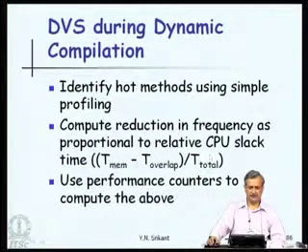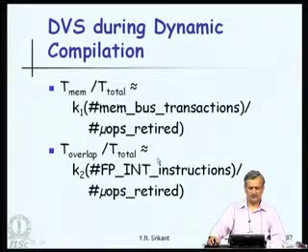So, let us see how T mem and T overlap are computed. We can't be using very heavy instrumentation to compute these. So, we are going to use the performance counters available inside the CPU, which actually have no overheads at all, to compute the CPU slack time.